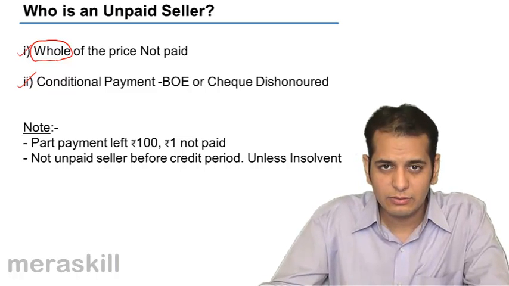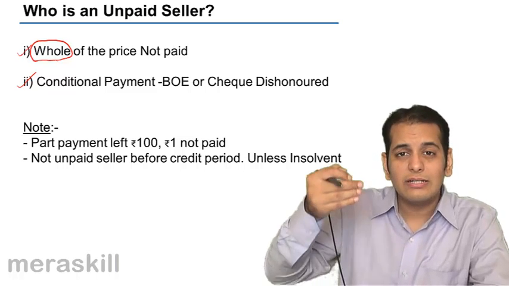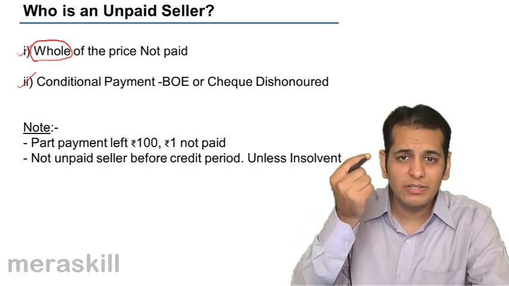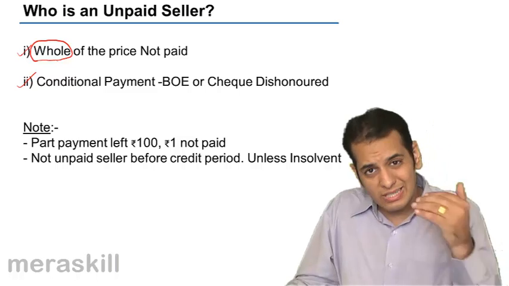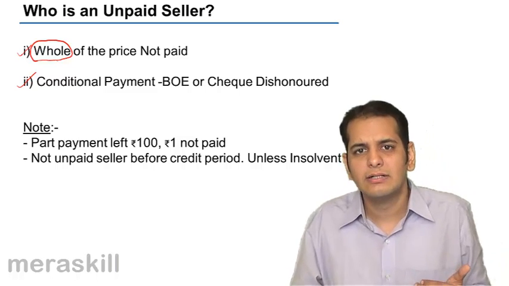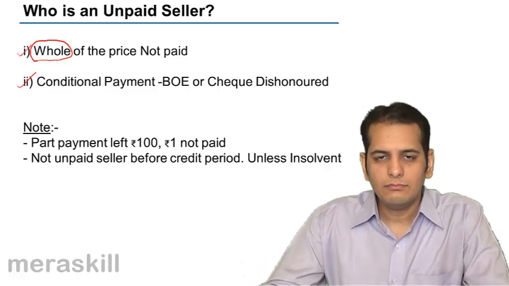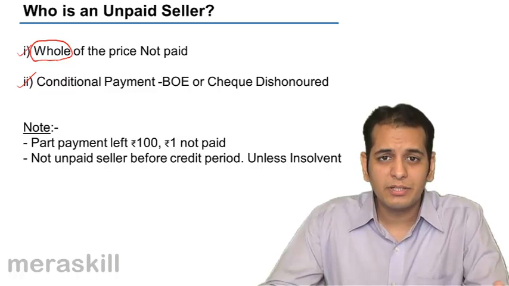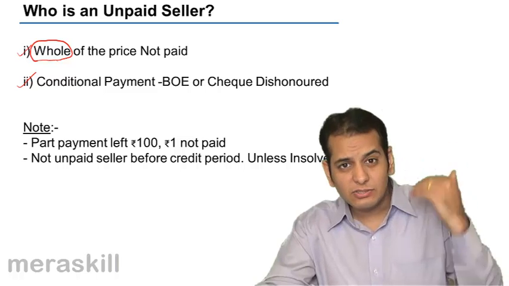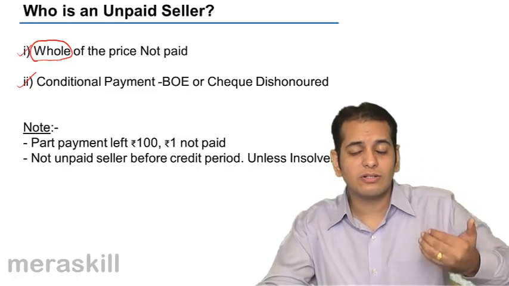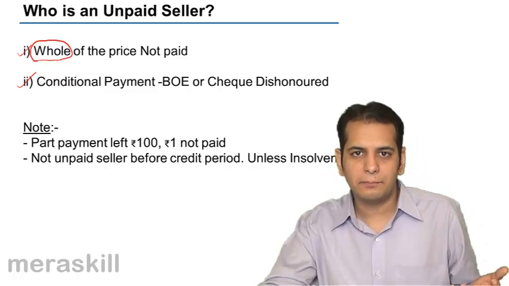In essence, when a seller does not receive even a single rupee, even 10 rupees or 100 rupees of his price, he becomes an unpaid seller. So till the time he receives all the money, he is an unpaid seller. If a seller has sold a product to the buyer, till the time he does not receive the complete price, he remains an unpaid seller.